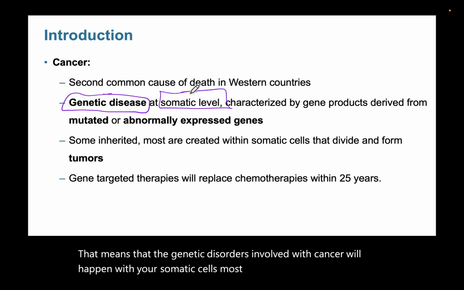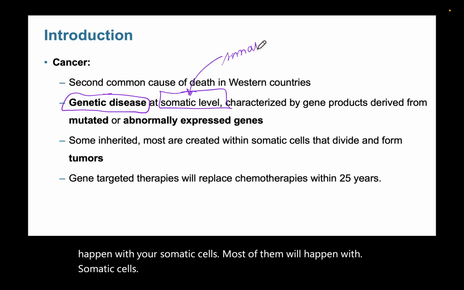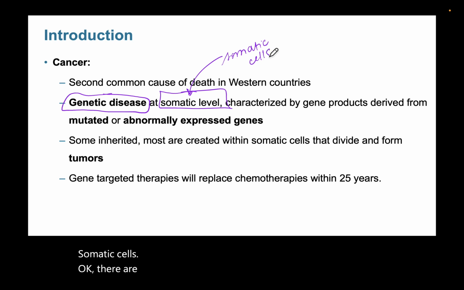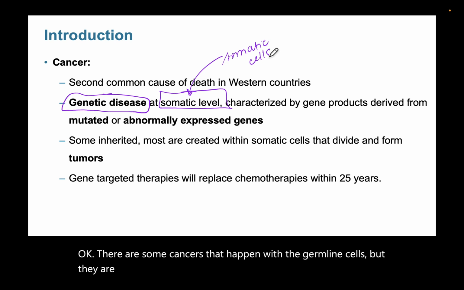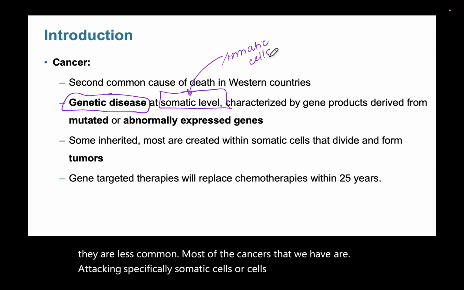Most of them will happen in somatic cells. There are some cancers that happen in the germline cells, but they are less common. Most of the cancers that we have attack specifically somatic cells, or cells that are diploid.